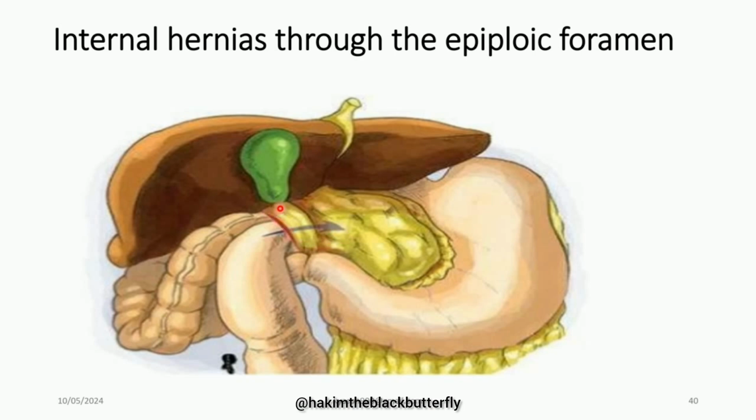But also, since the epiploic foramen is a very small gap, these coils may be strangulated. The blood supply may be cut off, leading to ischemia of these herniated coils. So these are internal hernias. This is one of the sites through which internal hernias can occur, the epiploic foramen. There are other sites that we shall see later.